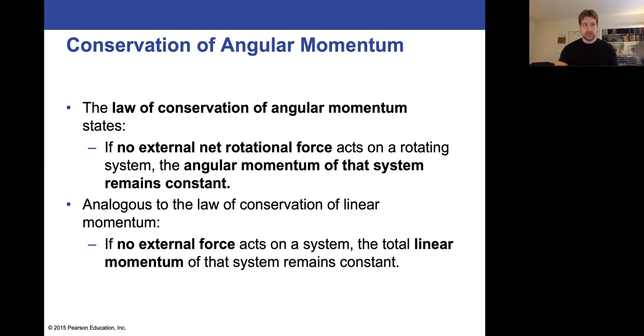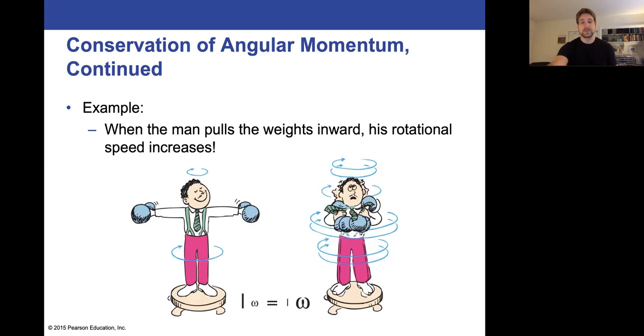If no net linear force acts, then the linear momentum was constant. We said that a couple chapters ago. Fine. If no net angular force acts, then the angular momentum should be constant. Okay, so we can talk about conservation.